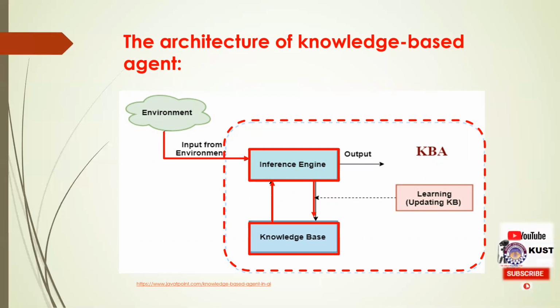Means that it receives inputs from the environment, the inputs enter the inference engine, and the inference engine with the help of the knowledge base will deduce or derive some output or new information. The learning element of the knowledge-based agent regularly updates the knowledge base by learning new knowledge.